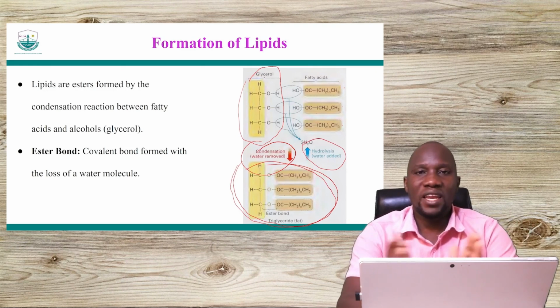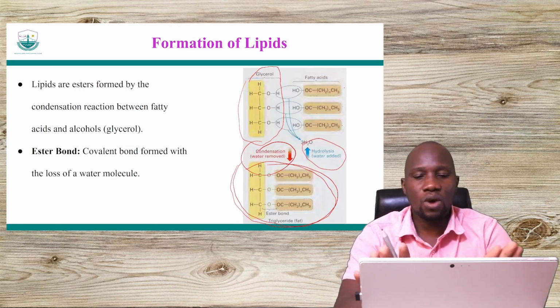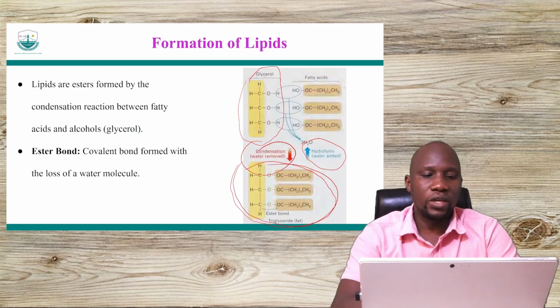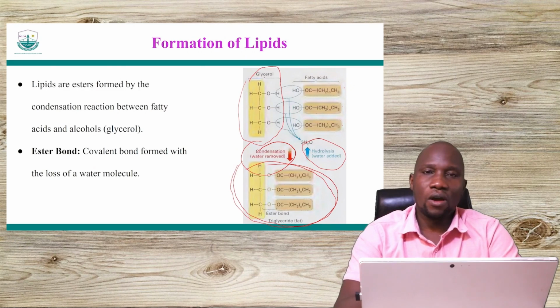So when you are combining the two, the process is esterification, because ester bonds are being formed between glycerol and the fatty acids, and of course, water is usually removed.